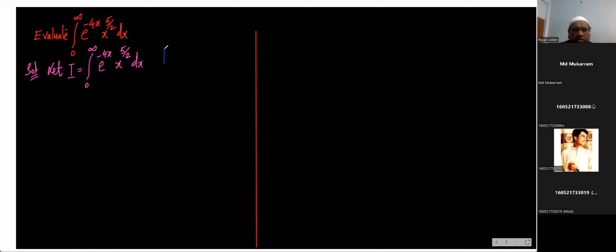Gamma of n is equal to, what is that? Integral 0 to infinity, e to the power of minus x, x to the power of n minus 1 into dx. This is the gamma function. Our problem is also related to the gamma function only, no?